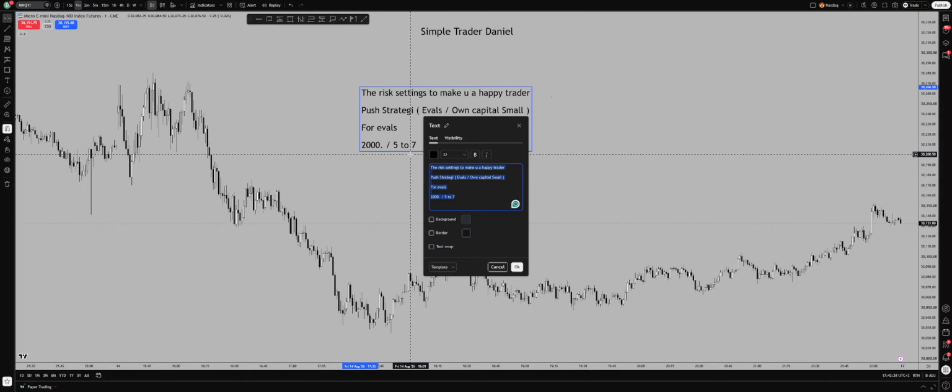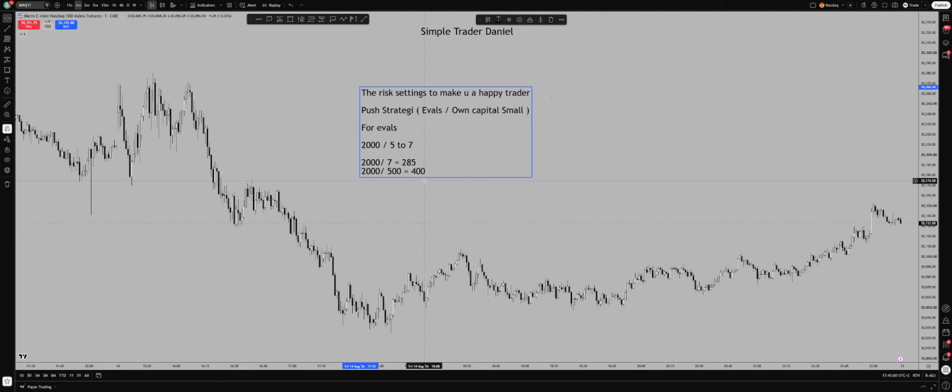That depends on how aggressive you actually are. 2000 divided by 7 is around 285, and 2000 divided by 5 is around 400, plus minus a bit of commission and so on. And that means every time your balance grows, you use higher risk also, so that's why a losing streak is not so good to have. But that's something we're going to come into in the next video, about the risk to reward, about what you actually want to go for, because it's more simple than you think.